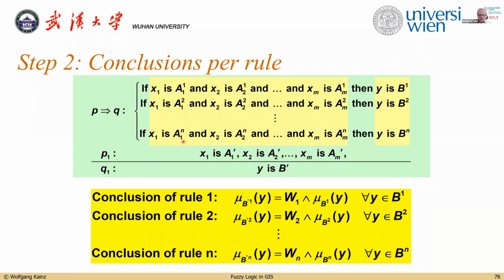Then we cut the conclusion fuzzy sets for every single rule at that given minimum value, again using the intersection as the operator to cut these conclusion fuzzy sets. So we do that again for every single rule.